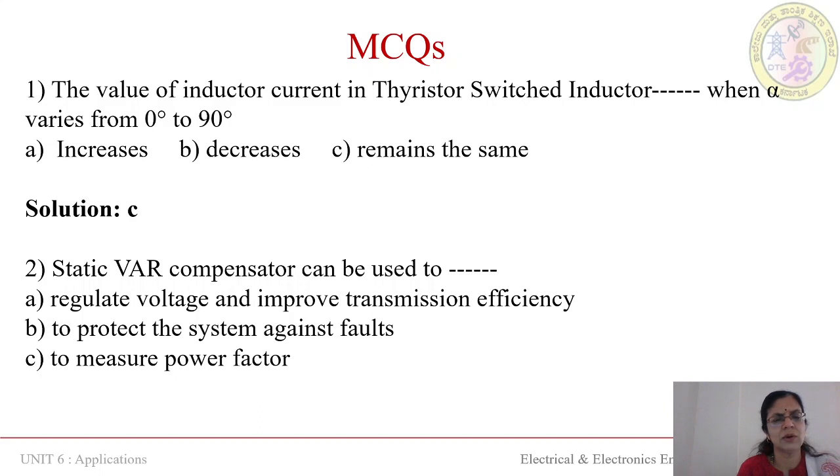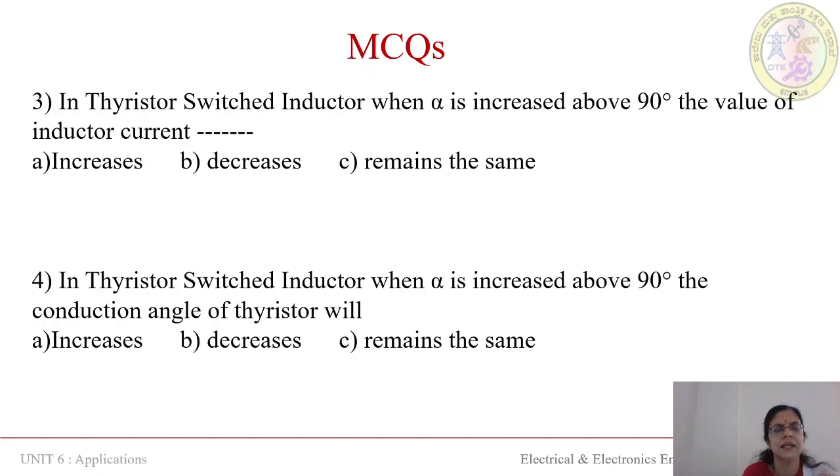Next, static power compensator can be used to dash: regulate the voltage and improve transmission efficiency, protect the system against the fault, measure power factor. Obviously, the answer is A, that is to regulate the voltage and improve the transmission efficiency. Next, in the thyristor switched inductor, when alpha is increased above 90 degrees, the value of inductor current: increases, decreases, remains the same.